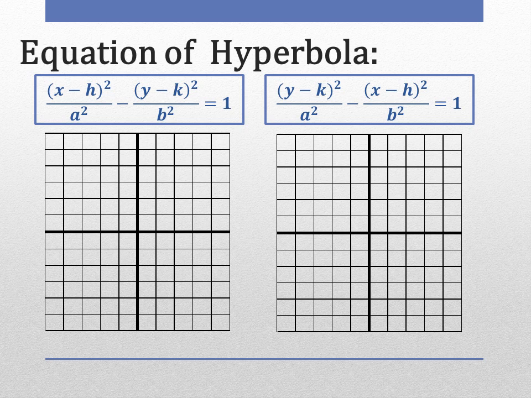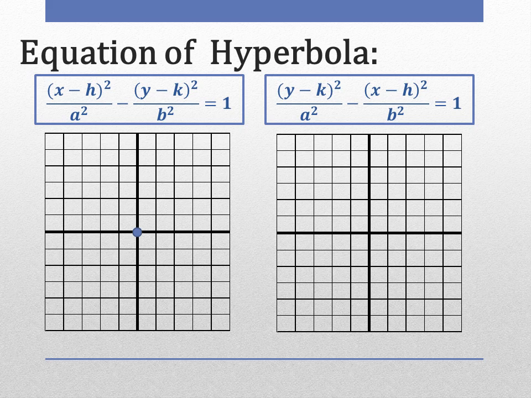If you see the equation on the left begins with an x, that means automatically that our major axis is going to be the x. That doesn't mean that it's going to be wider that way, but that means that our two curves are going to point along that direction. And the same is true for the equation on the right.